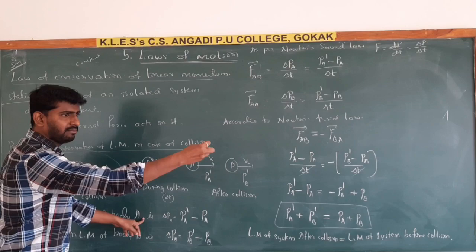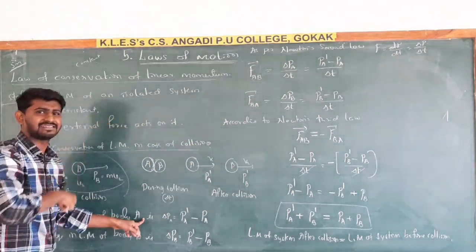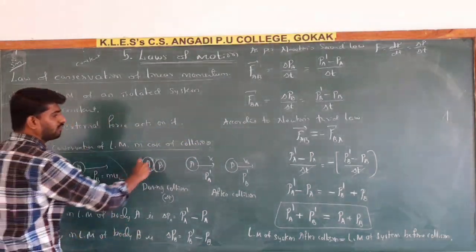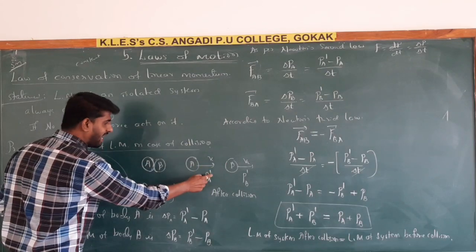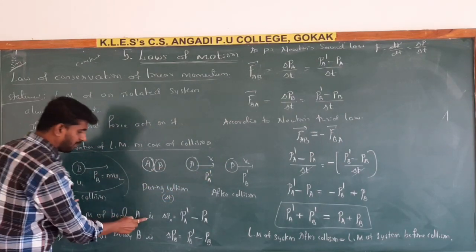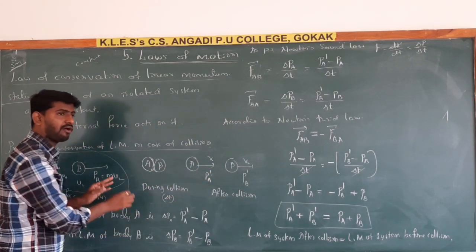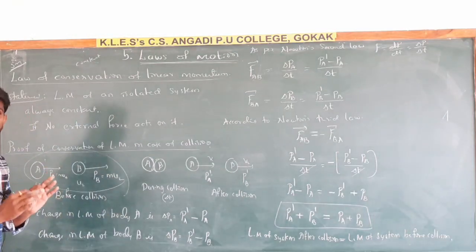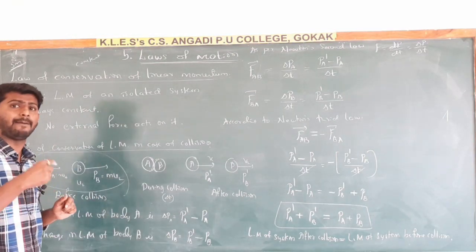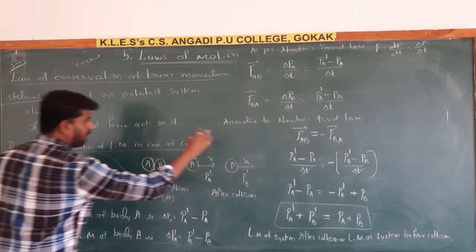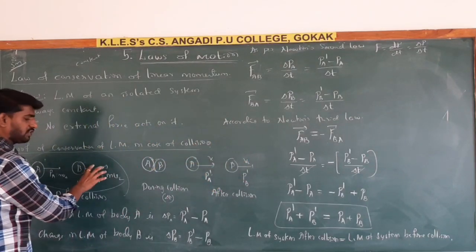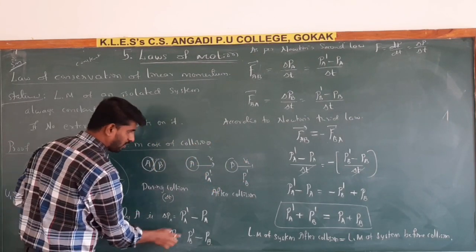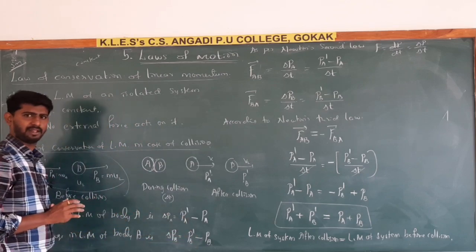Final means after the collision, so PA dash minus PA is the change in linear momentum of body A. Similarly, for body B, delta PB is equal to PB dash minus PB.